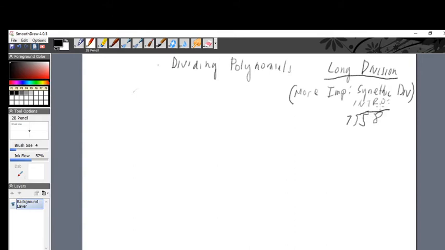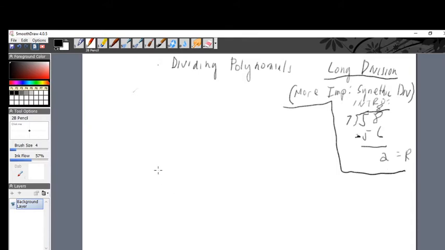It goes in 8 times. 8 times 7 is 56. You subtract, and you get 2 is your remainder, right? After subtracting. All right, so there's going to be a little bit of an analogy to us with that. So as follows.